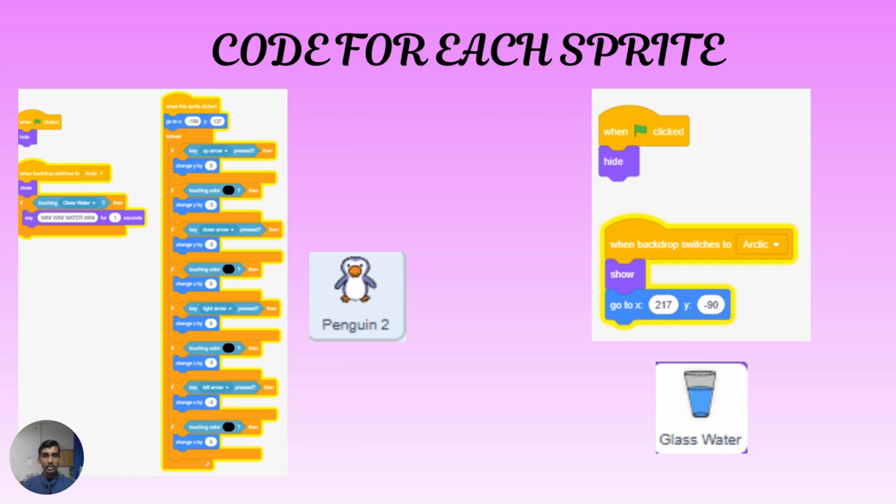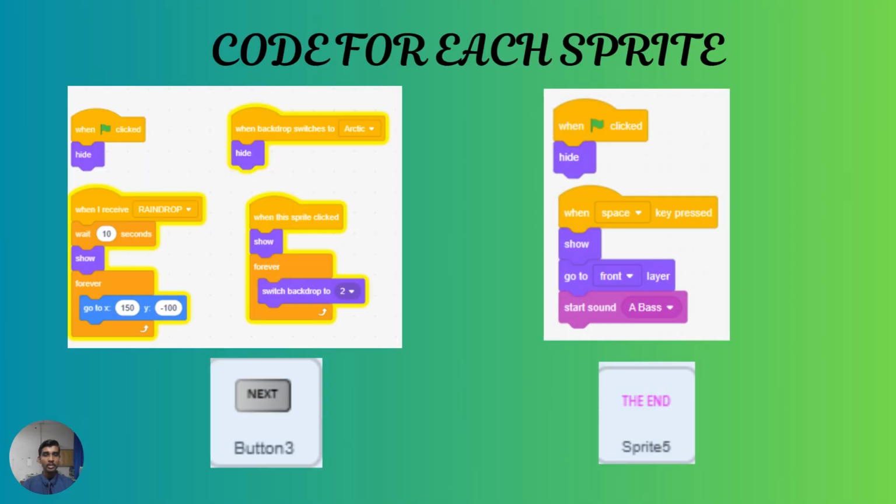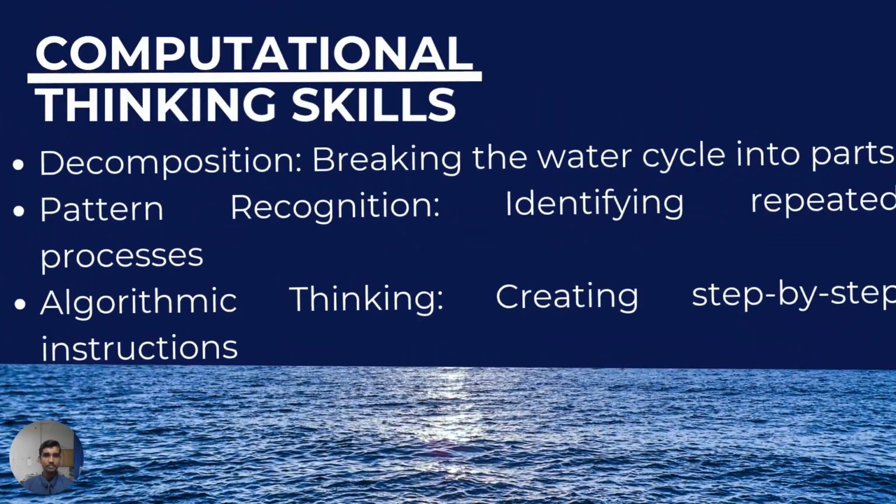The glass water is static, and this is the code for each event. That is the next button that will appear in the context after 10 seconds. When you click this next button, it goes to the backdrop of the Arctic. And the end will show when the penguin reaches the glass water and we click the space button. So it is easy to play the game without any disturbance.